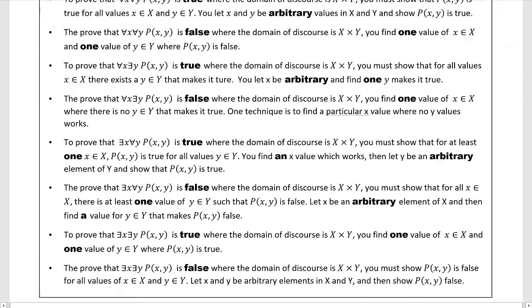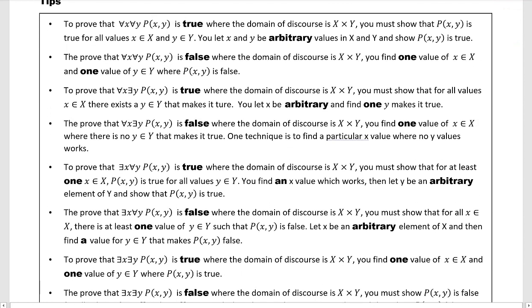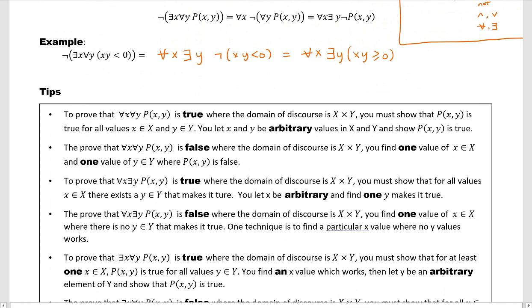Alright, so here are the tips. We have two variables x and y, and in front of x we can have for all or there exists, so there are two choices. For y we can also have for all or there exists, two choices.